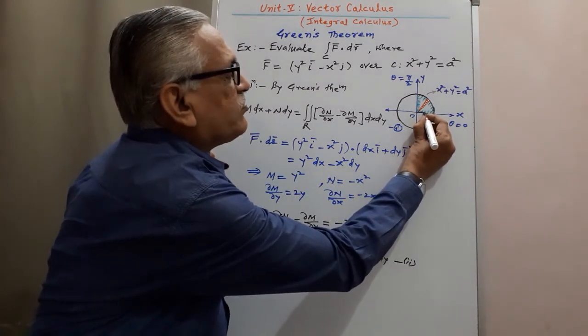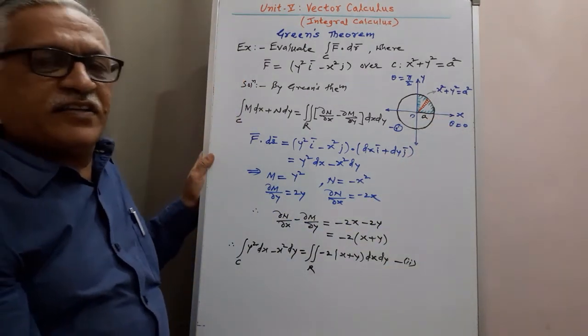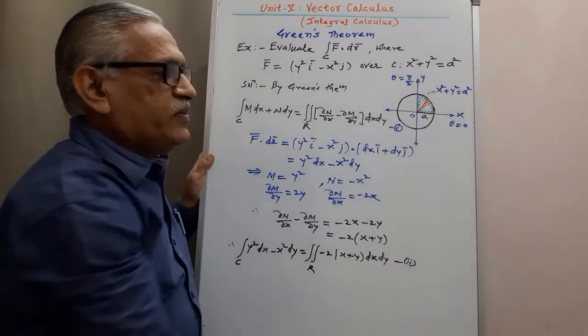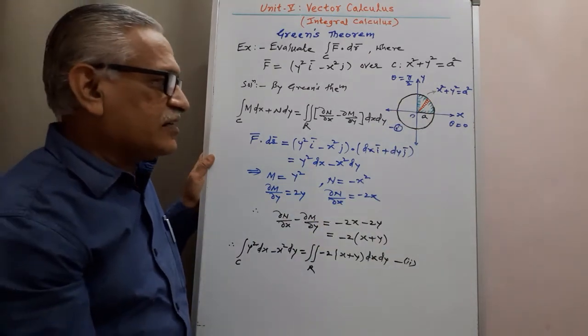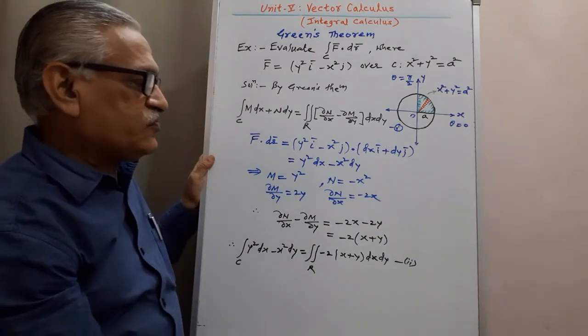This much is the radius of that circle. Therefore, with that center and radius, if we draw that circle, we get the circle whose equation is x square plus y square is equal to a square.